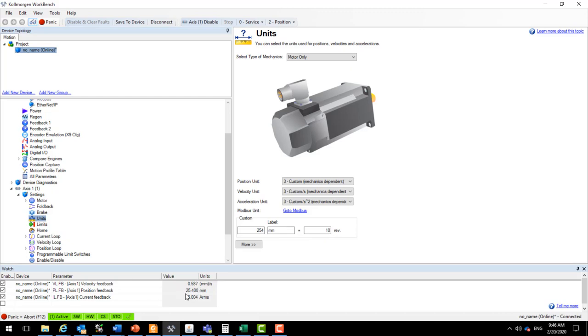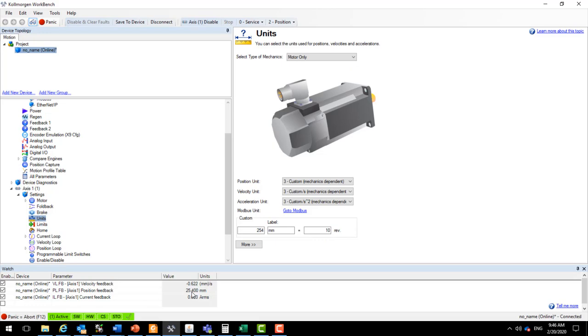If you notice now with the change in scaling, based on the command to that position, the feedback position is now at 25.4 millimeters, which makes sense because that's the number of millimeters in 1 rev of the ball screw.